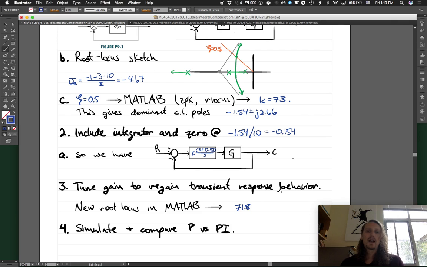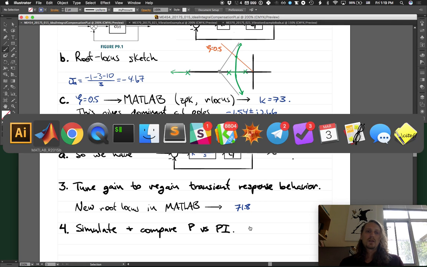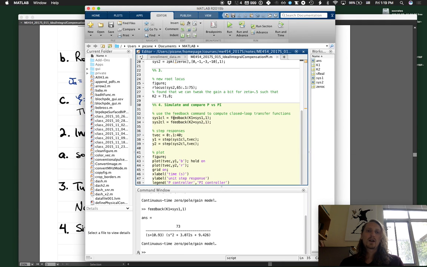Okay, so now all that's left is to simulate and compare these. If we come back here, we've got our closed loop transfer functions, and let's create a time vector.